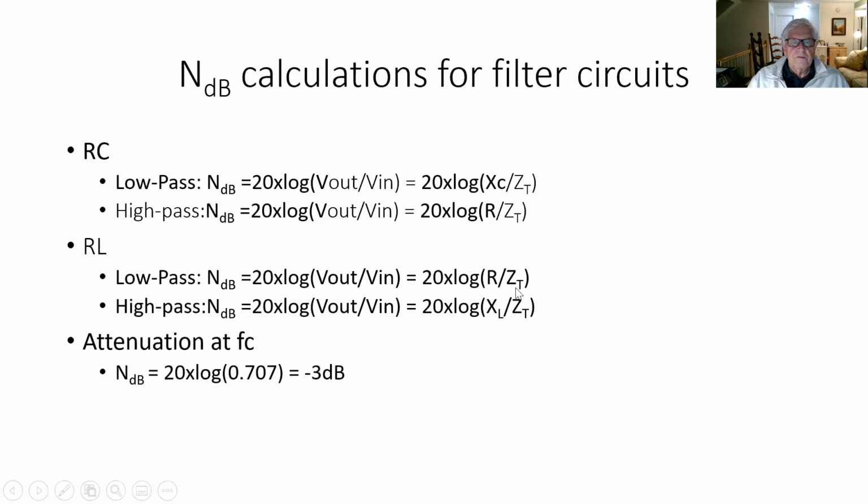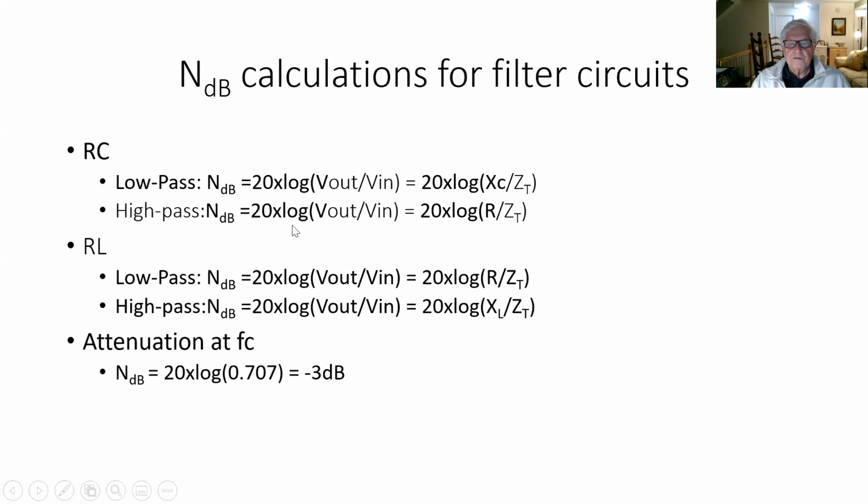All right, so how does that go along with voltage levels? For RC, low pass is 20 times, not 10, but 20 times the logarithm of the voltage output to the voltage input. So basically it's 20 times the logarithm of, for RC, the capacitive reactance divided by the impedance.